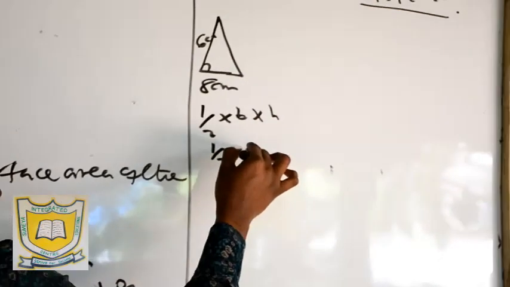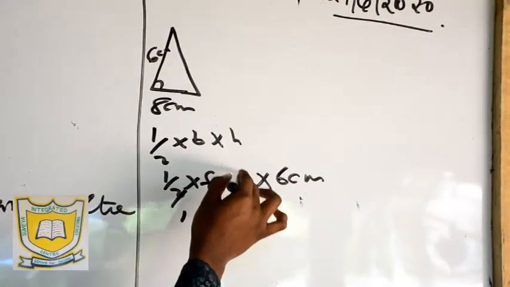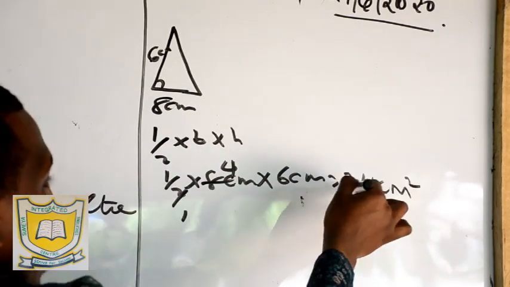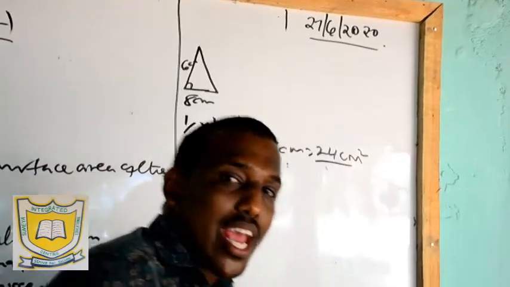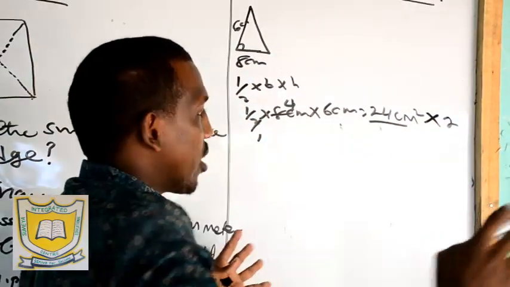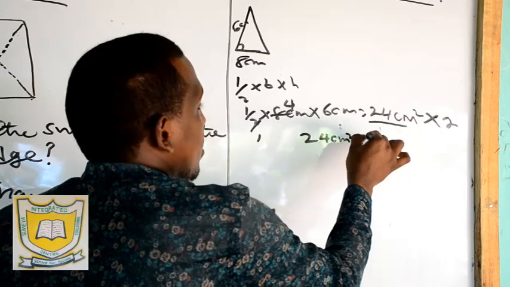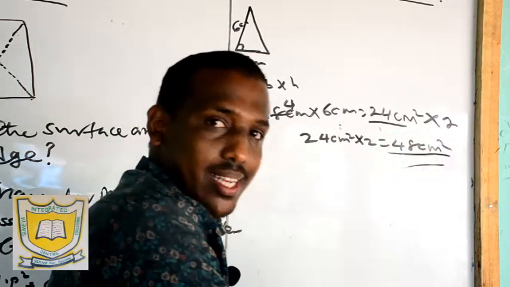A half times base, which is 8 centimeter, times 6 centimeter, by 2, 1 by 2, 4, which is equal to 24 centimeter squared. That's the first end. So times 2 now, the second end. 24 centimeter squared times 2, you get 48 centimeter squared. You put it aside somewhere.